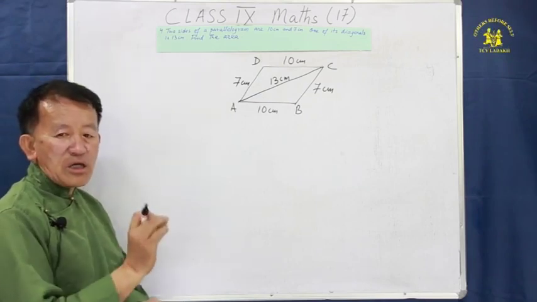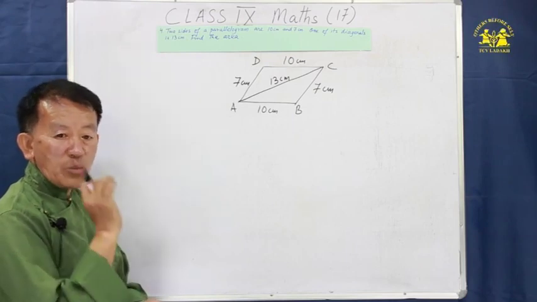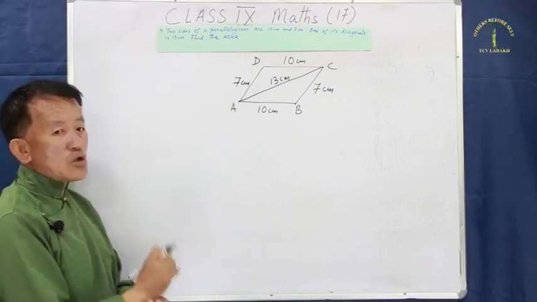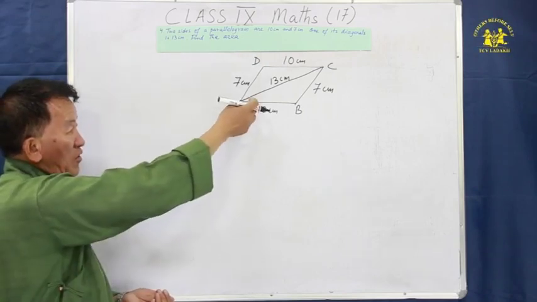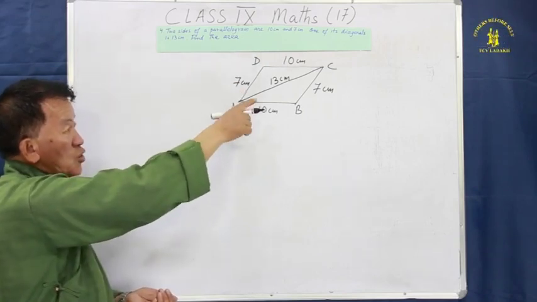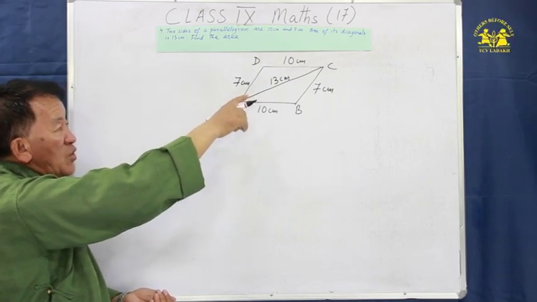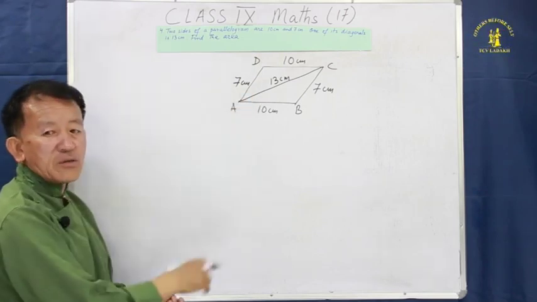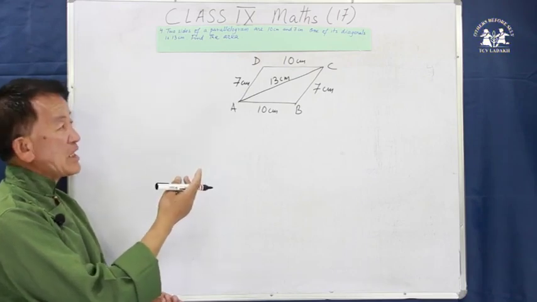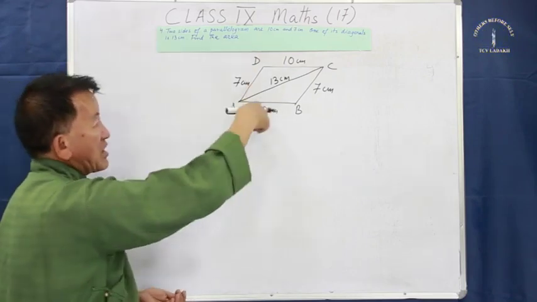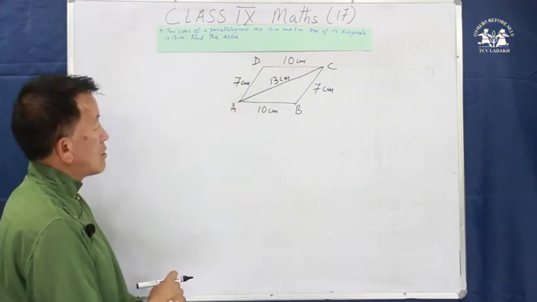Area of a parallelogram is equal to base into height. Now here height is not given, so what we do, we shall use the concept of triangle. It is divided into two congruent triangles. We find the area of one triangle, then multiply by 2. So that will be the area of the given parallelogram.